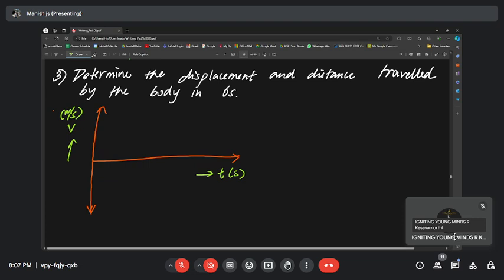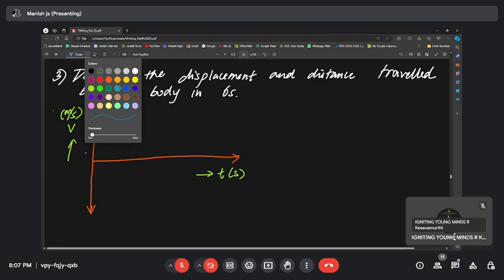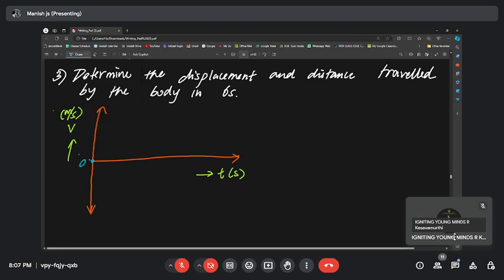So here comes the graph. Let us mark all the points. Here you have the origin. Say 1, 2, 3, 4. You have positive values on the top and negative values at the bottom, as you can see.